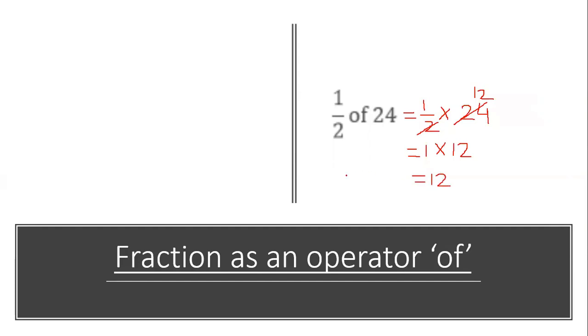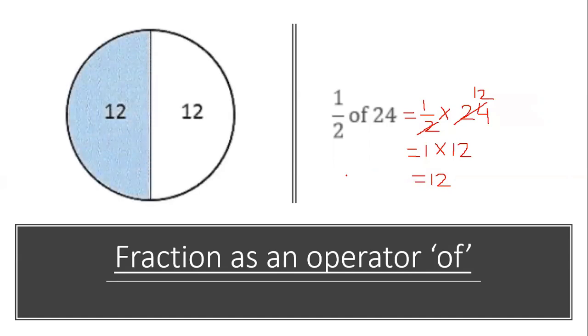So 1 by 2 of 24 means 1 by 2 into 24, which equals 1 into 12, that is 12. So here also you can see the circle is divided into 2 equal parts. So half of 24 is 12.